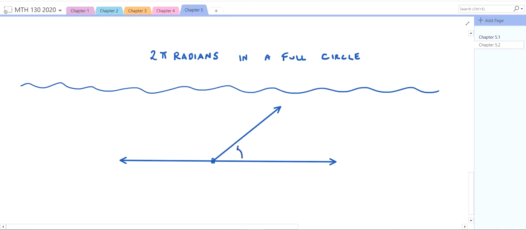So this will make an angle A, and this will make an angle, say, B. Well, since we know this whole angle here for a straight line is half a circle, which is 180 degrees, which is the same thing as pi radians.